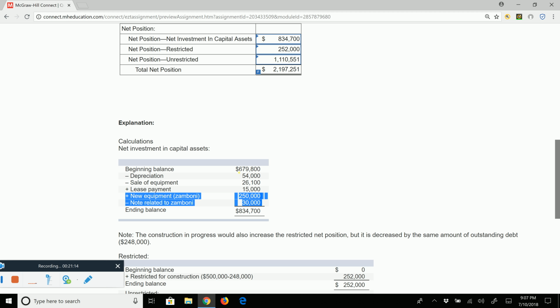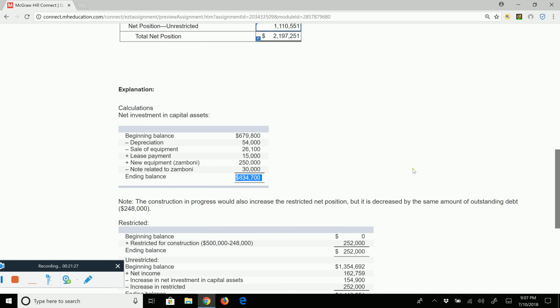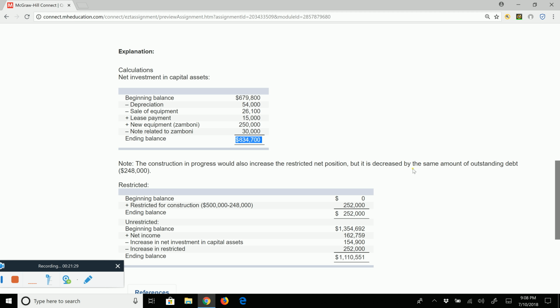So net investment in capital assets, what happened? Let's think about this overall. It started with $679,800 and it ended with $834,700. It increased from the beginning of the year to the end of the year by $154,900. Well, if the net investment in capital assets increased $154,900, the unrestricted category is going to decrease in value.